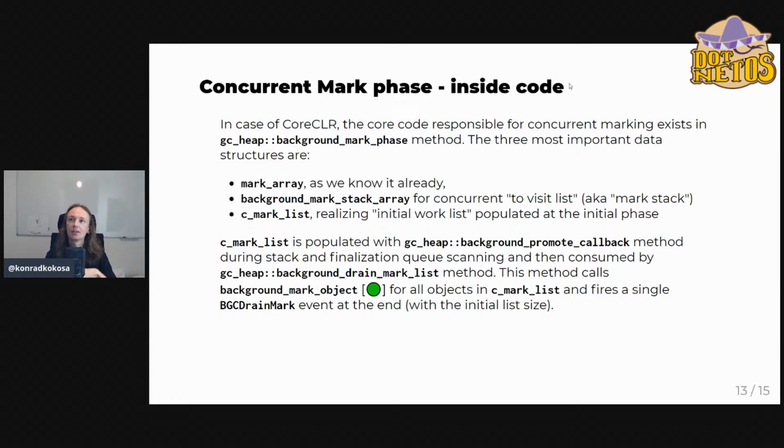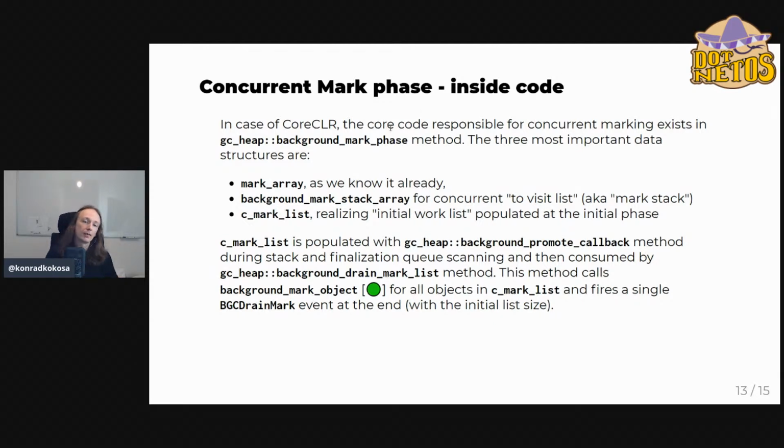So just inside the code, because we are always ending with some examples of the code from the famous GC.cpp file. If you would like to investigate the code of the whole concurrent marking story, there is a background mark phase, which is exactly that.